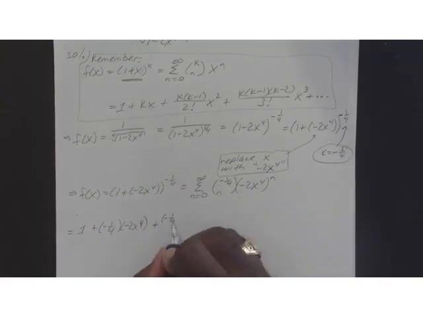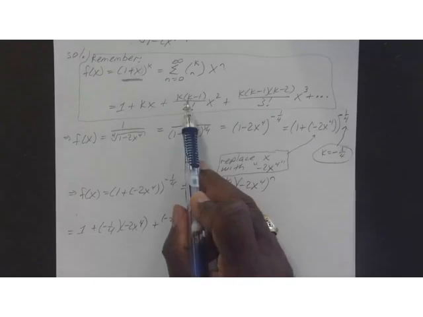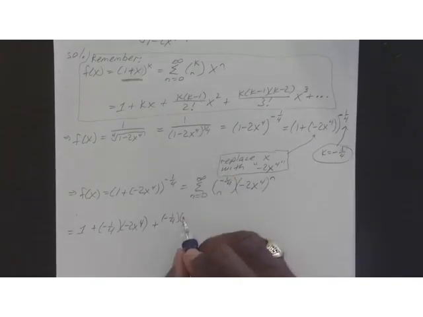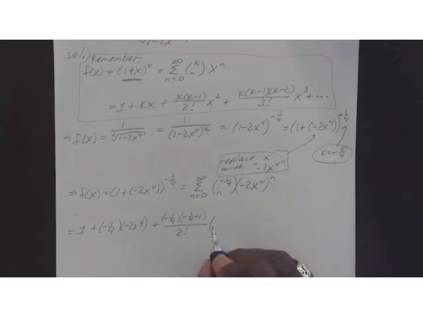So negative 1/4 times negative 1/4 minus 1, divided by 2 factorial. Instead of times x squared, it's going to be negative 2x to the 4th power squared.